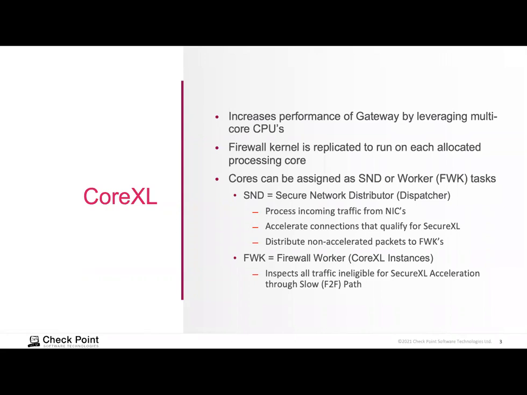The SND, which is the Secure Network Distributor, or dispatcher, I'll probably call it dispatcher, processes all of the incoming traffic from the network cards in the gateway, as well as handles all of the accelerated connections that qualify for SecureXL. And then the firewall workers, which are also called CoreXL instances, basically inspect everything else: the slow path and whatever can't be done in SecureXL.